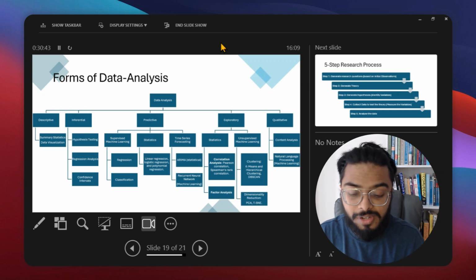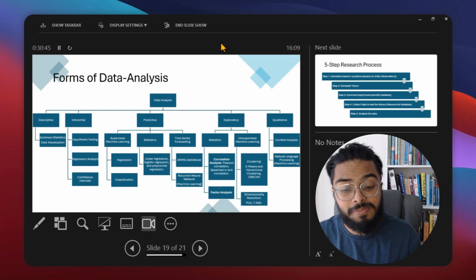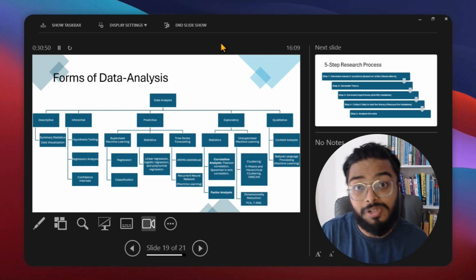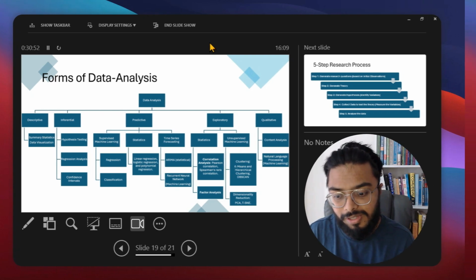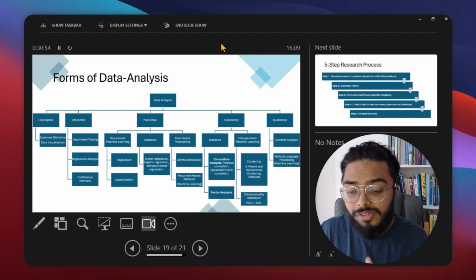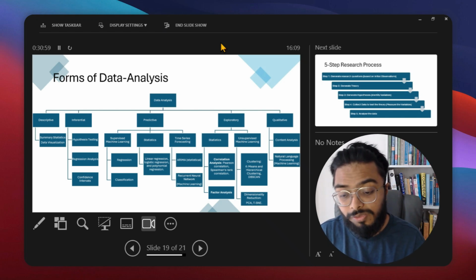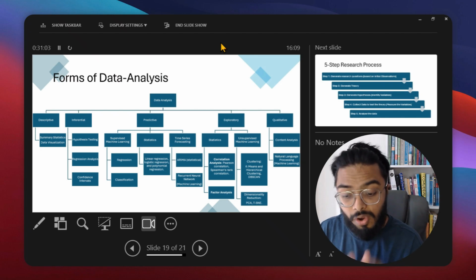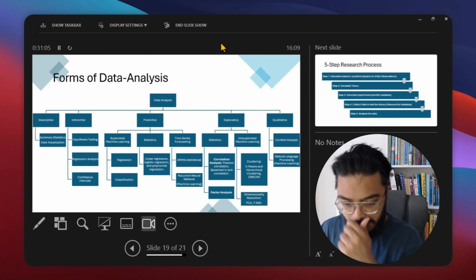For example, you have conducted a thematic analysis on patient feedback to understand their perceptions of therapy effectiveness. Now, understanding these different forms of data analysis will allow you to choose the most appropriate method for answering your research questions.